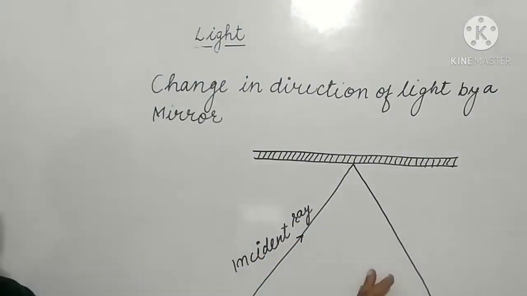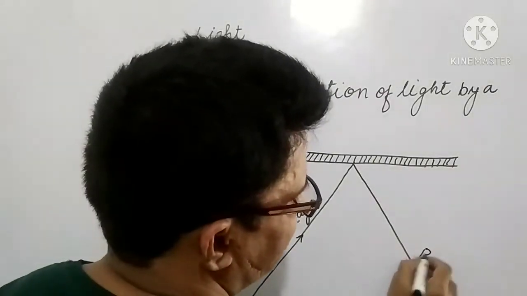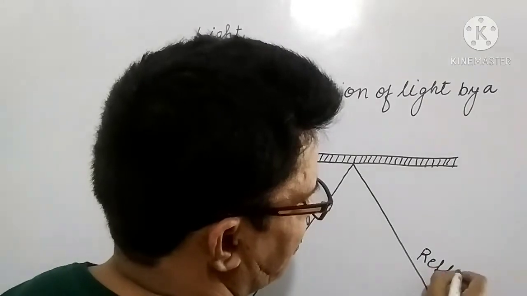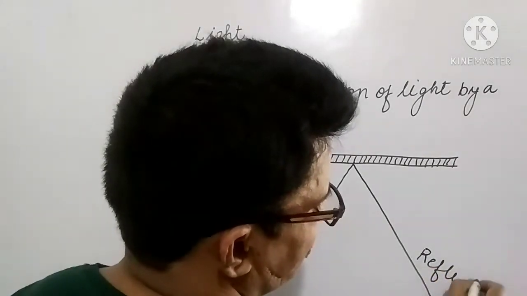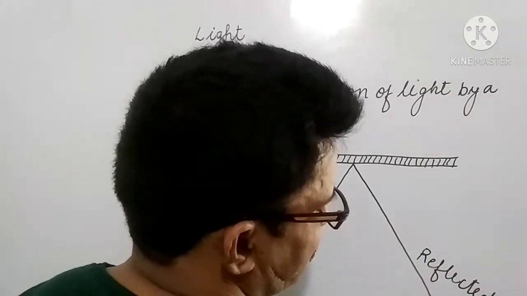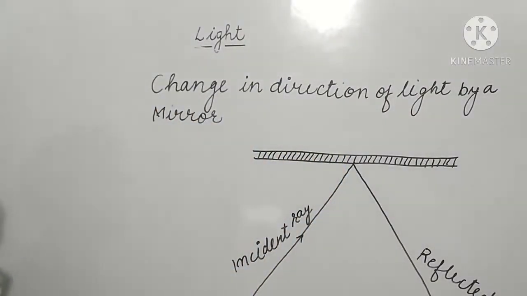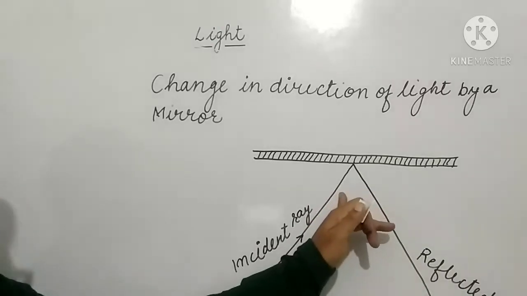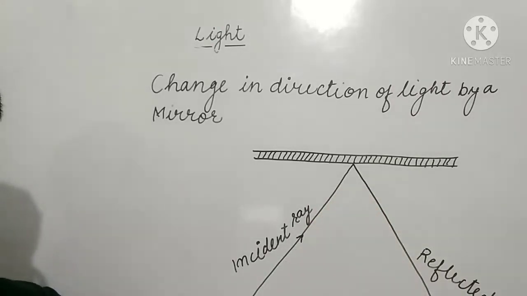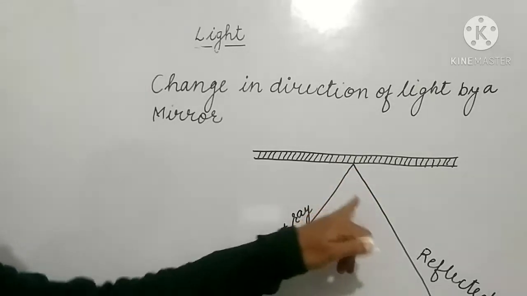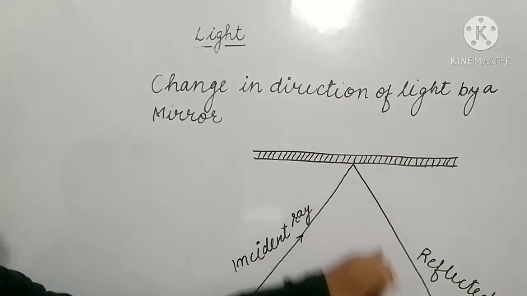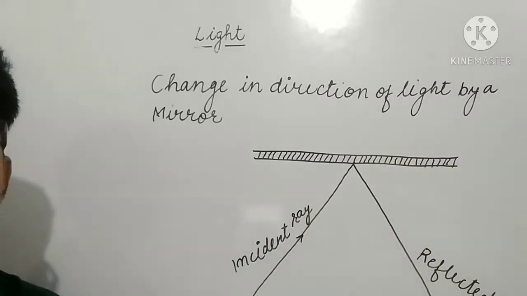And this other ray that is reflected by the mirror is known as the reflected ray. When a ray of light falls on a mirror, it is reflected to the other side. The light that falls on the mirror is the incident ray, and the light reflected by the mirror is the reflected ray.